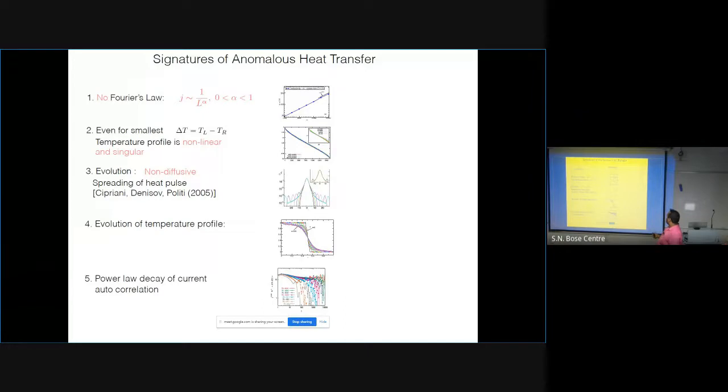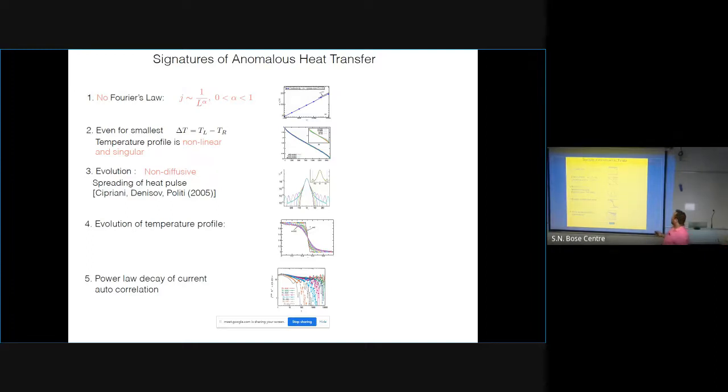No, the derivative. The derivative of the profile can be divergent. It goes to zero as a power. This is from 0 to infinity. This side it goes to 1. There are also similar divergences there. It depends on the system.